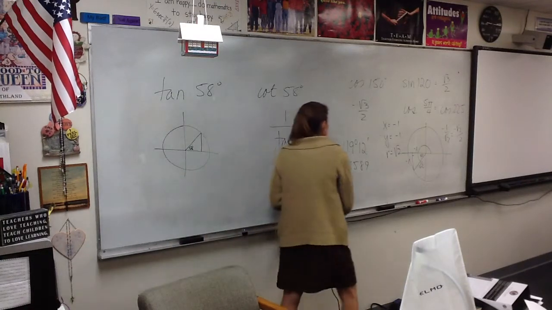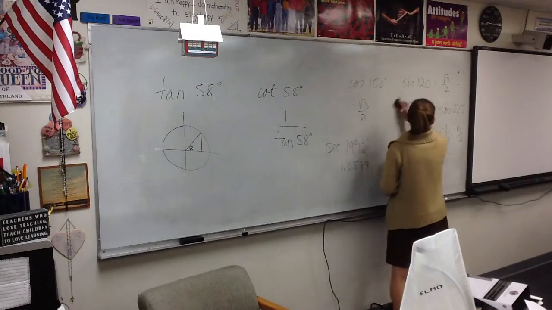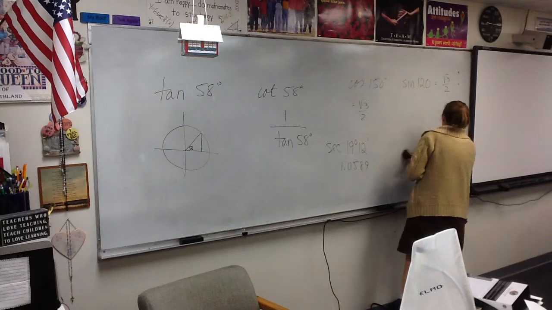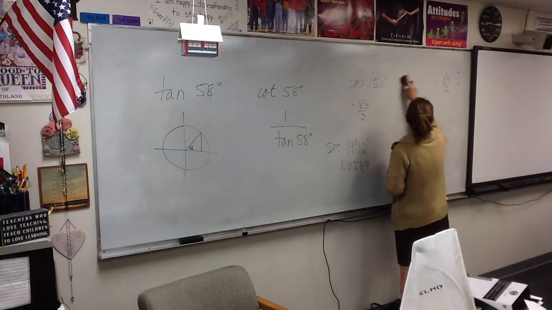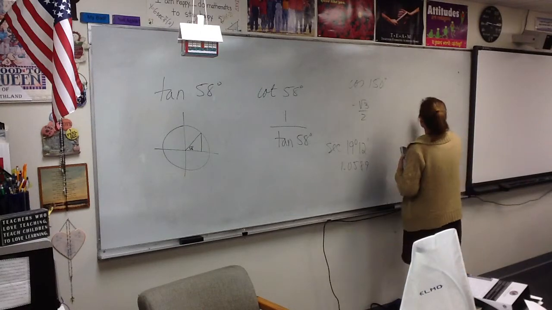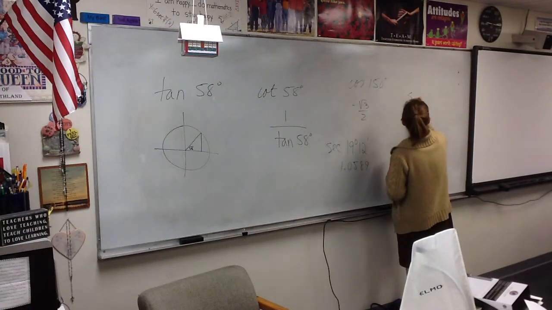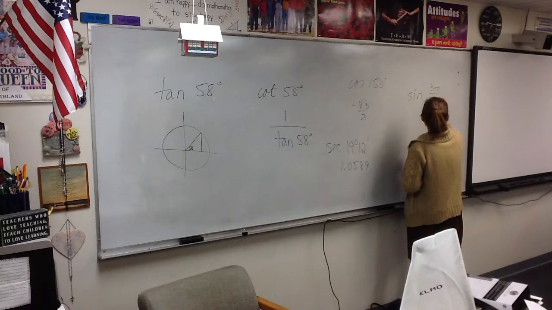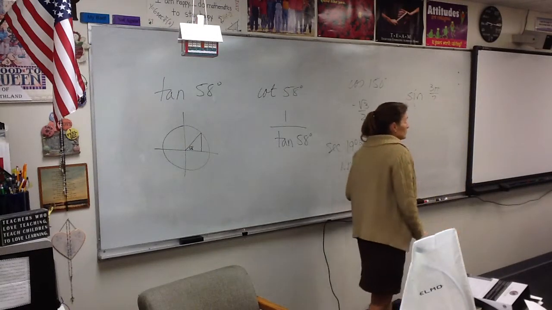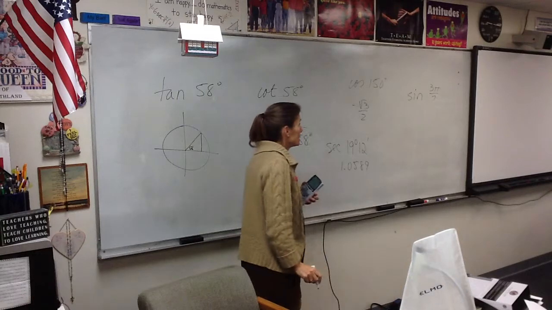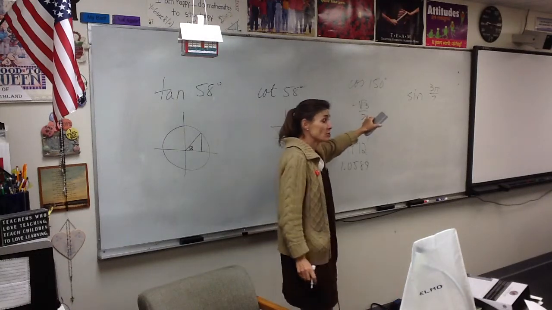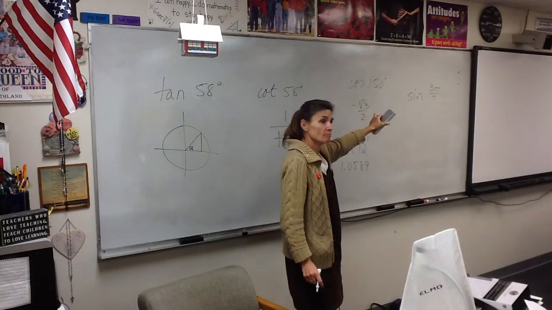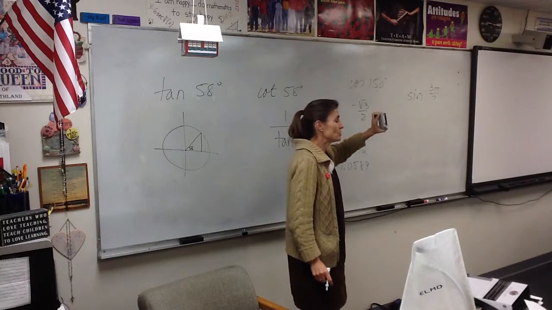Now what if we wanted to find the cosecant, let's not do cosecant, let's do a sine of 3 pi over 7. Could you change 3 pi over 7 into degrees? Sure you could, but we don't need to do that.